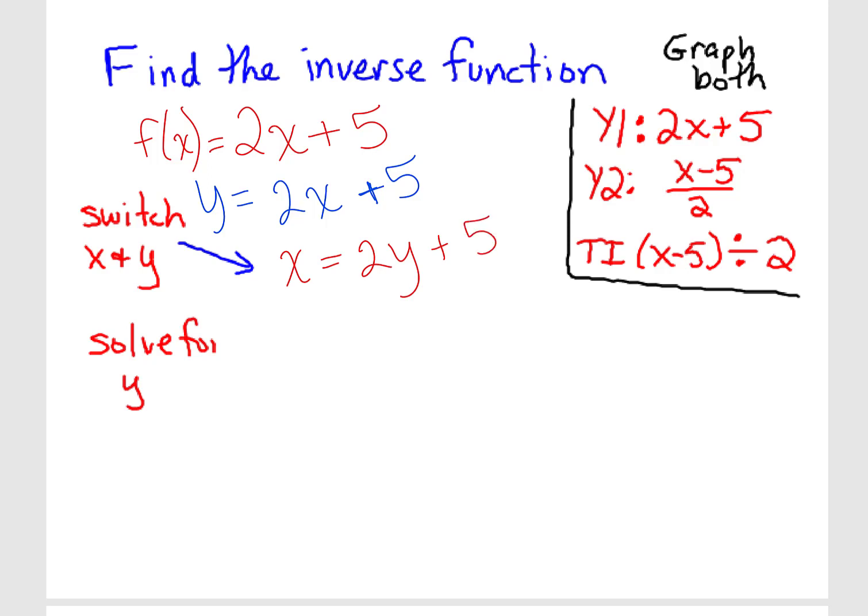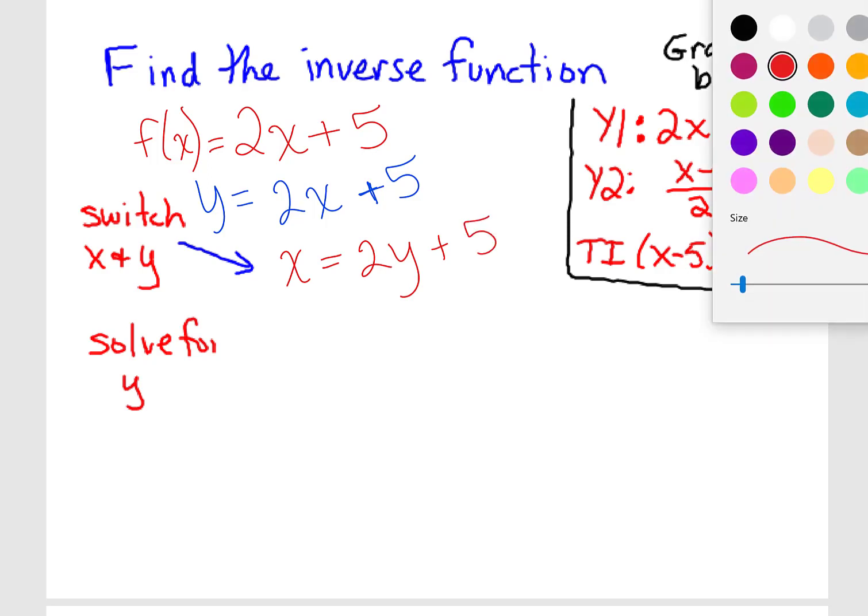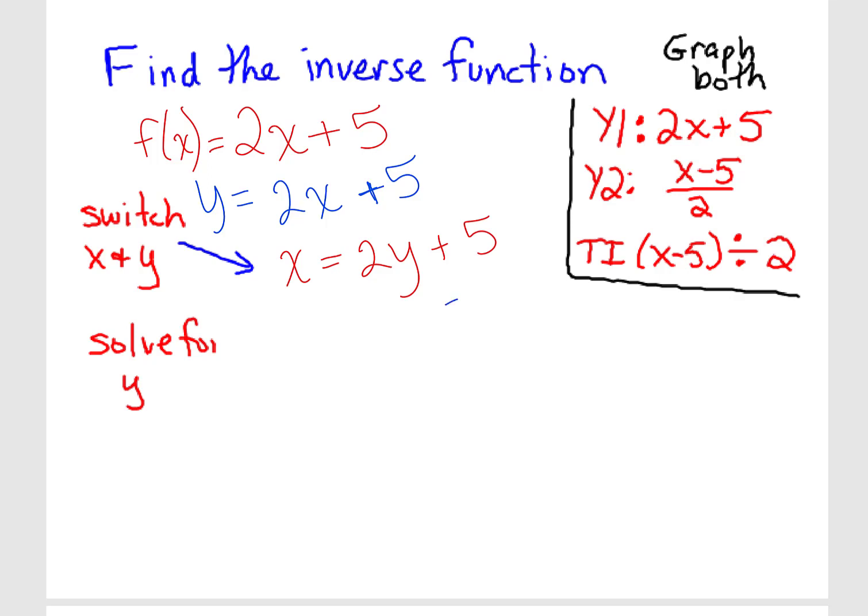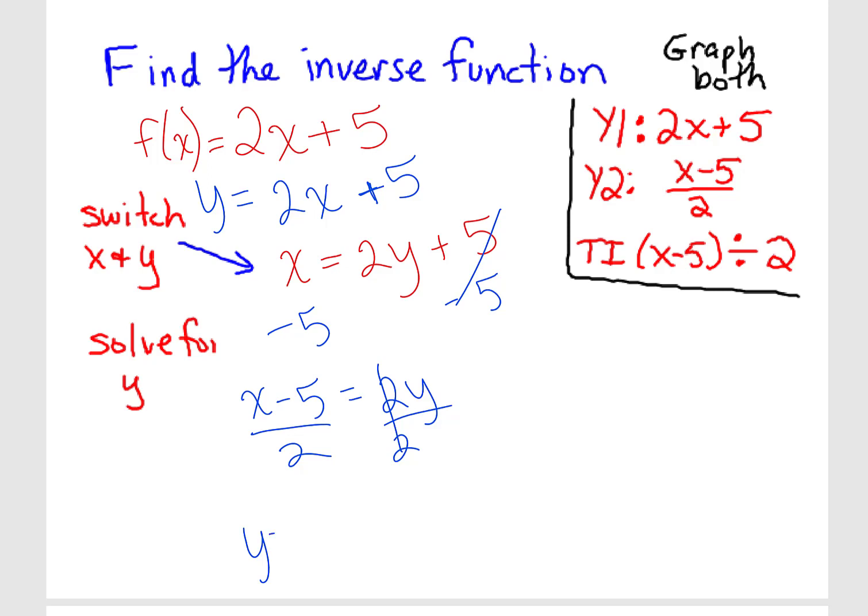Okay? Then I'm going to solve for y. Divide both sides by 2 to isolate that y. And I'm actually going to write my y on the left side.